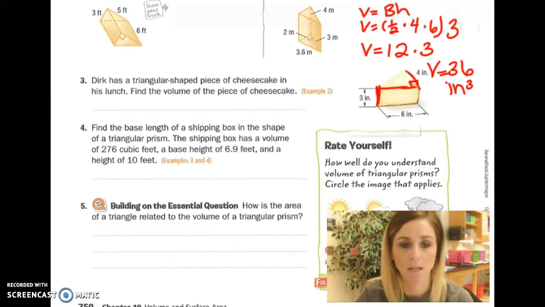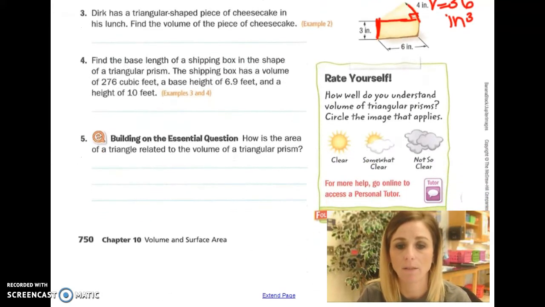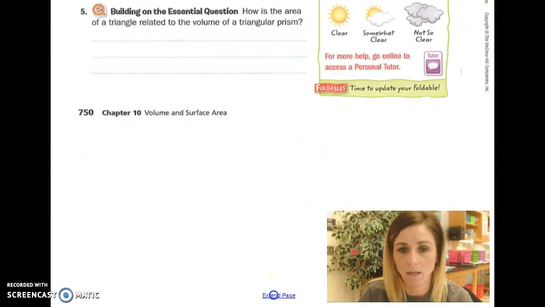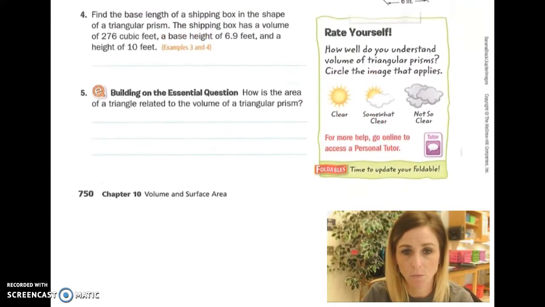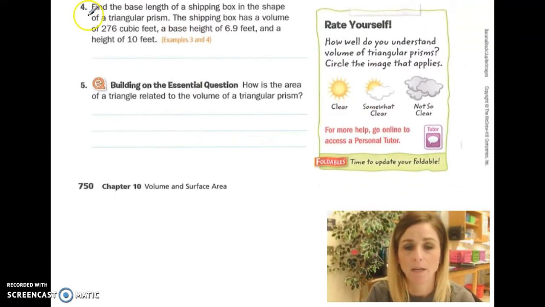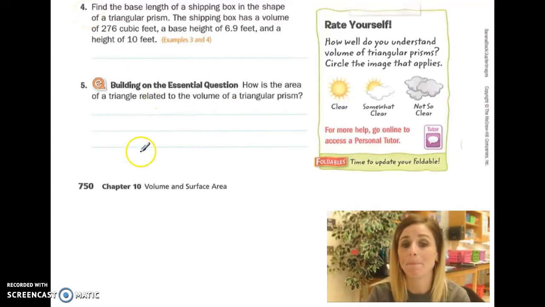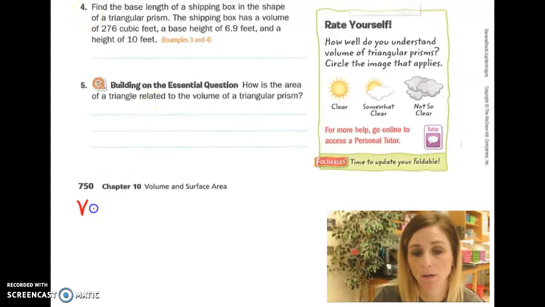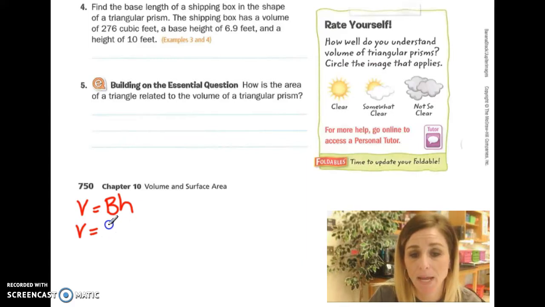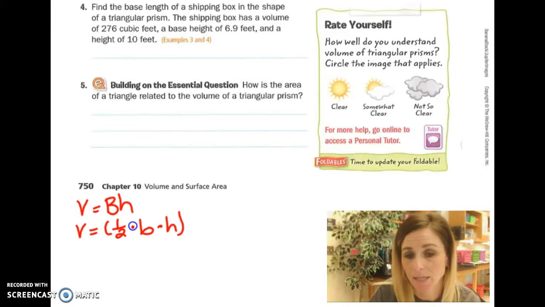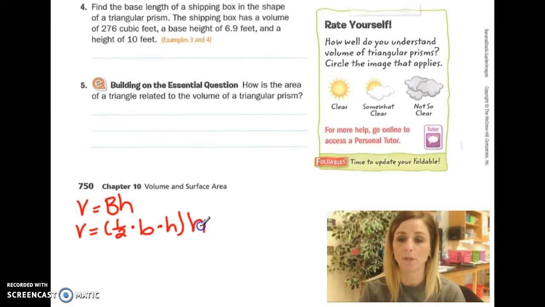All right, and then we're going to take a look at this one for our last one. And I'm going to give myself some more room to work down below. So number 4, it says find the base length. So we're missing the base length. Remember, this is what this really looks like: volume equals base, which is 1/2 times base times the height of the entire prism.